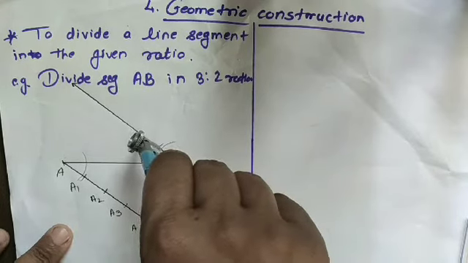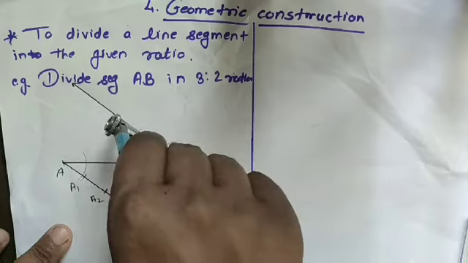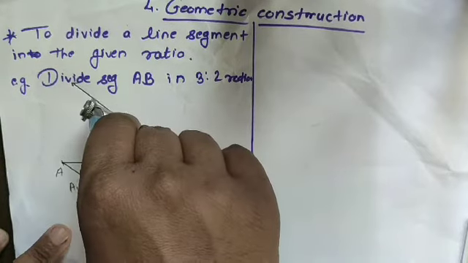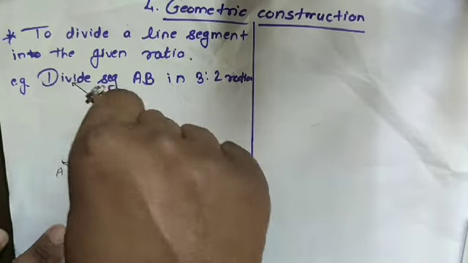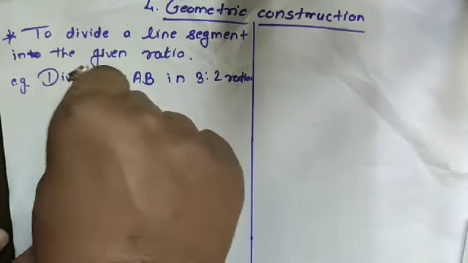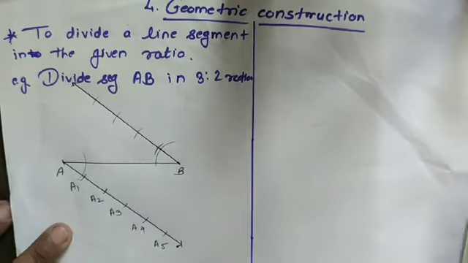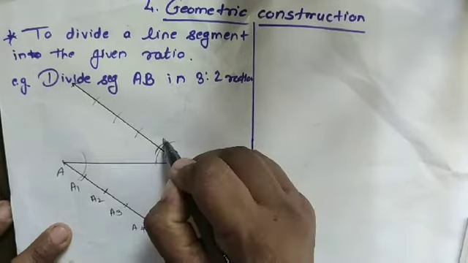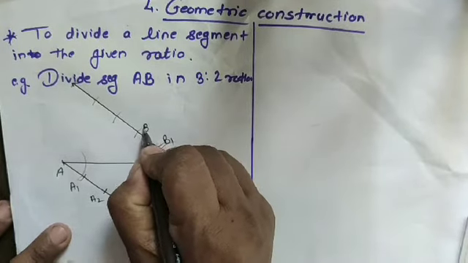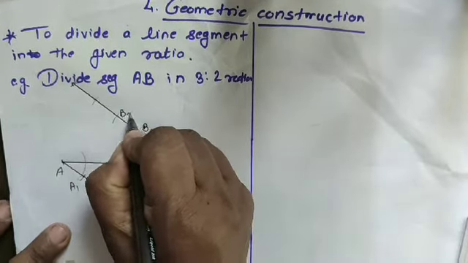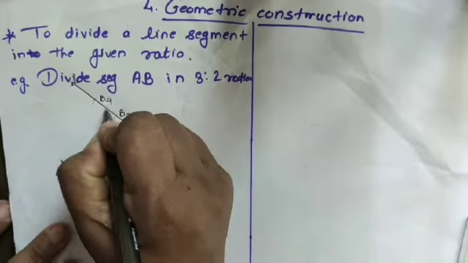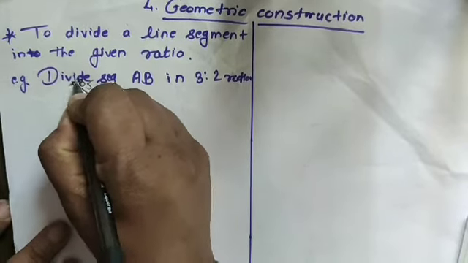Then here that is B1, B2, B3, B4, and this one is B5.